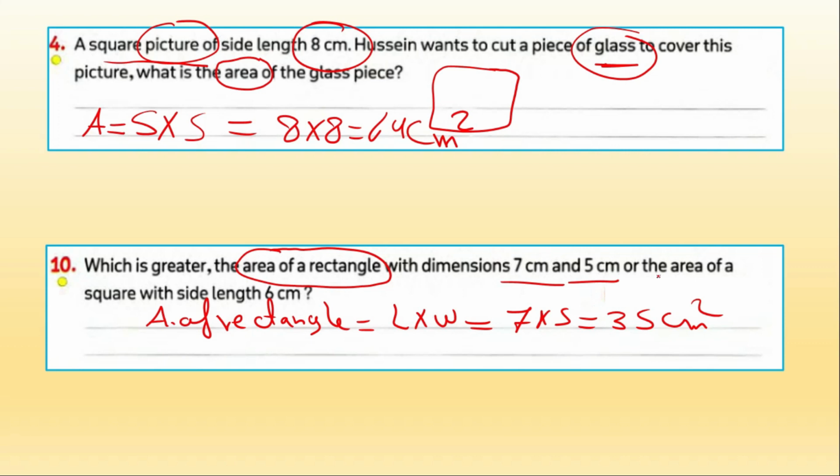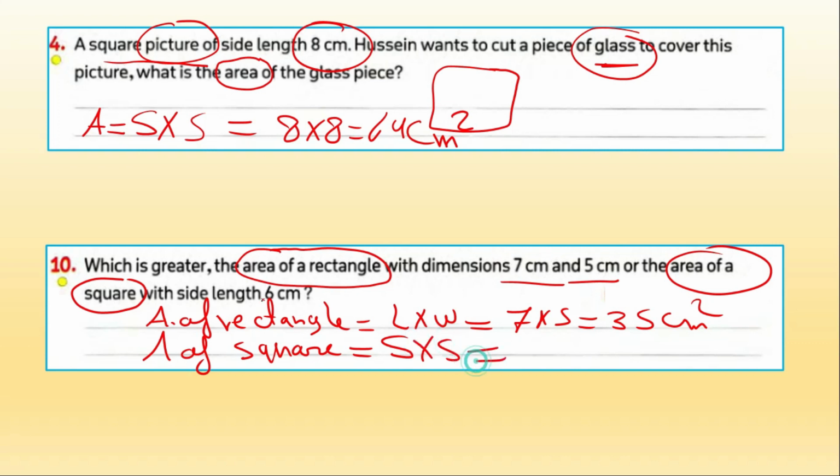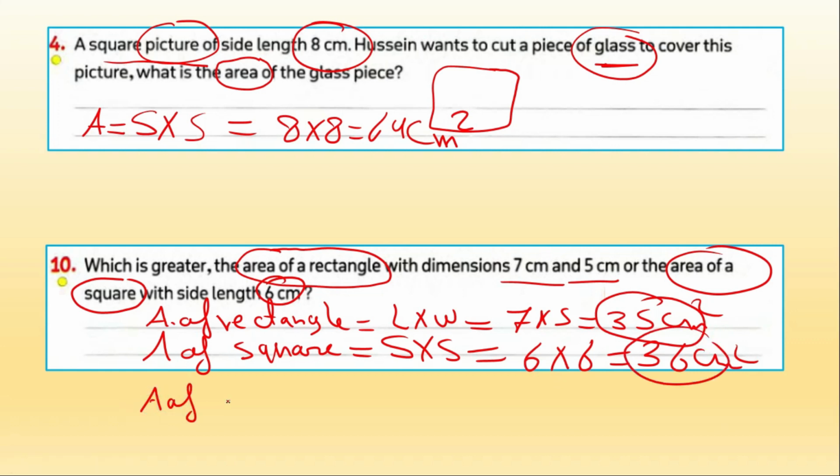Next, the area of the square equals side times itself, side equals 6 centimeters, so multiply 6 times 6 equals 36 centimeter squared. Okay, so the first area is 35, the second area is 36, so the area of the square is the greatest.